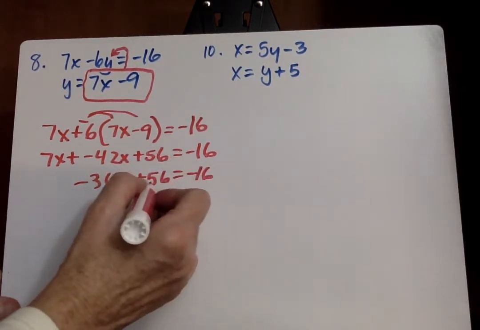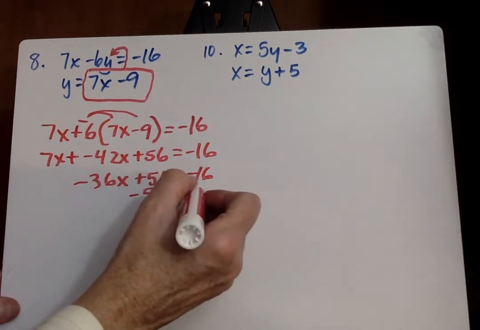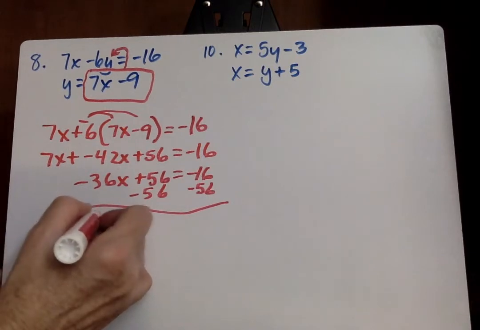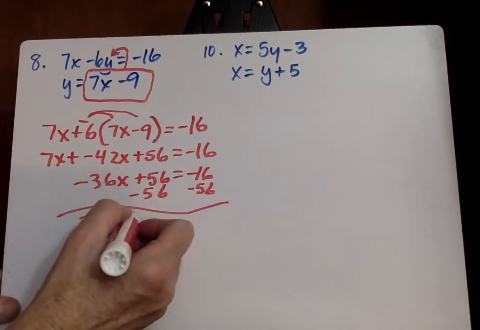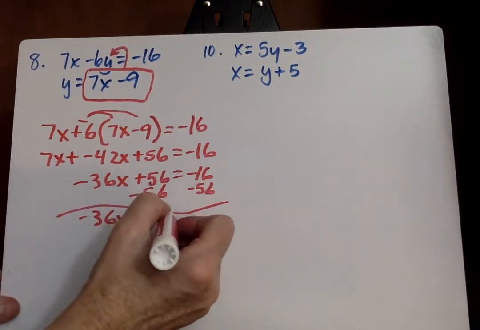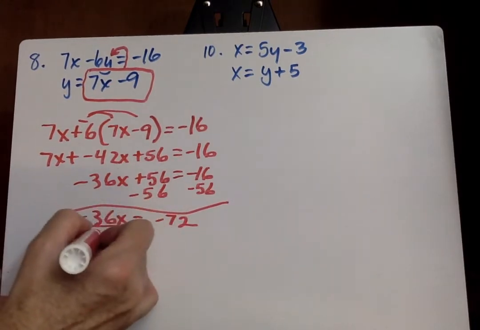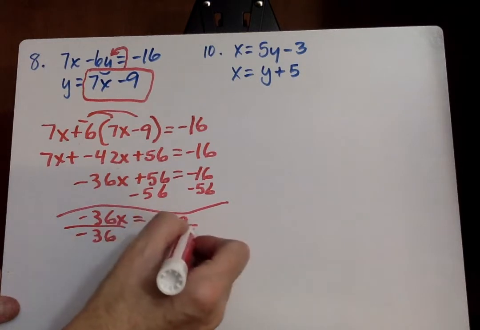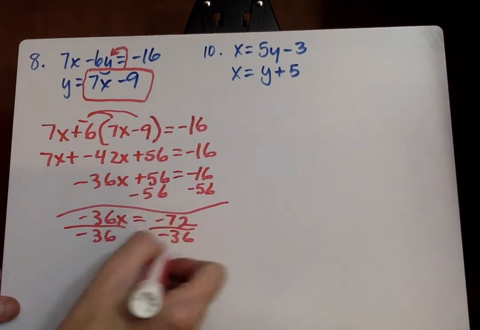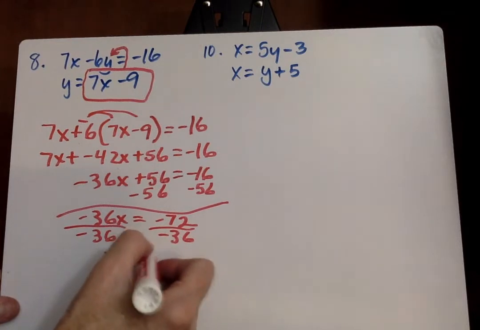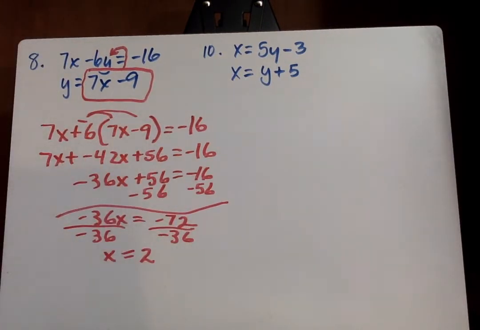Then I'm going to subtract 56 here. Subtract 56. Negative 36x equals, is that negative 72 divided by negative 36? And x equals 2.